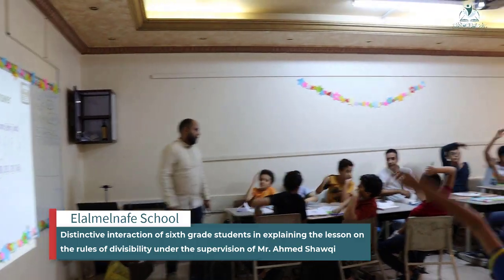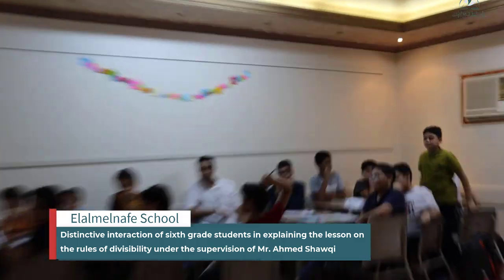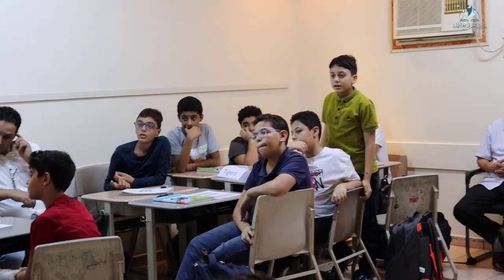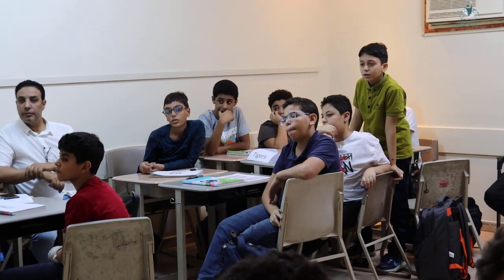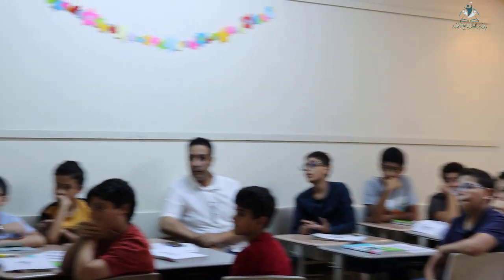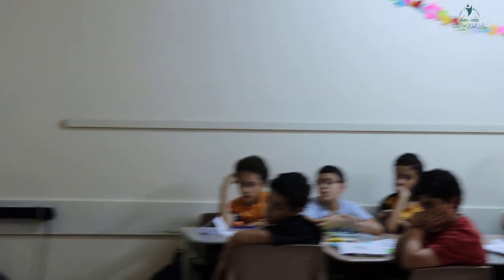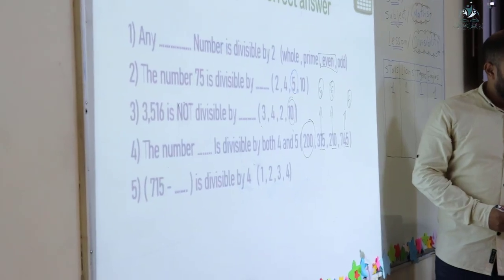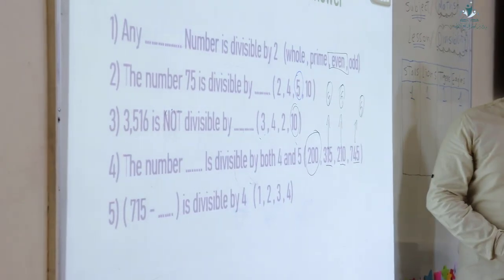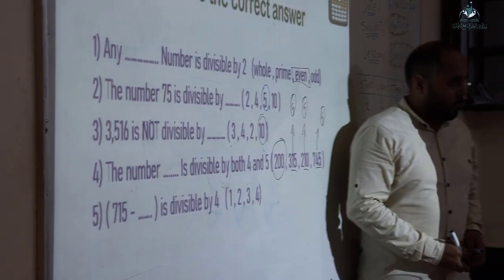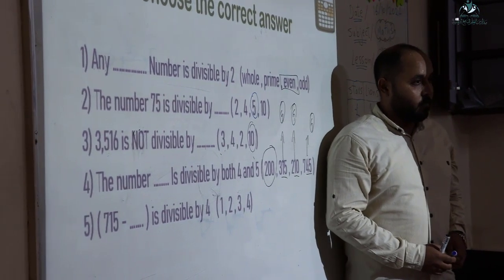Yes, Ammar. 715 minus a missing number is divisible by 4. It's minus 3. Why do we choose 3? Because 715 minus 3 equals 712. 712, its tens and ones digits are divisible by 4.